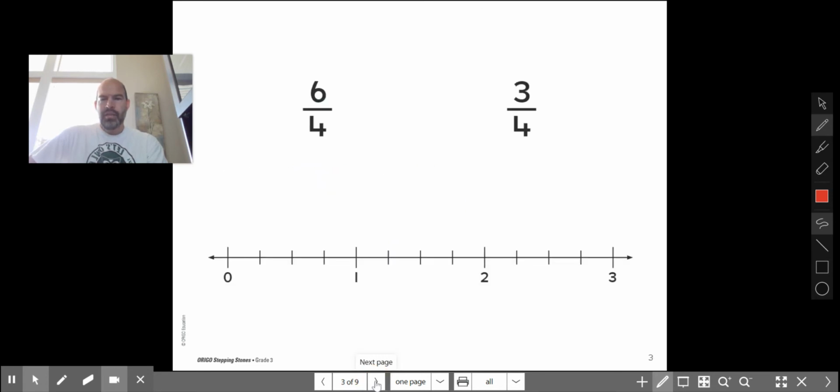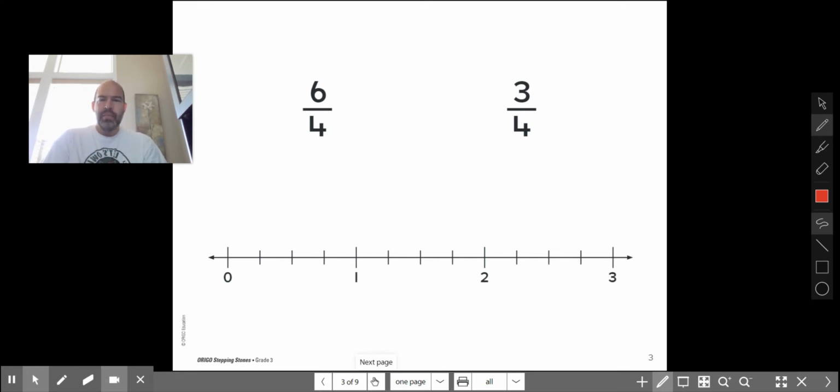Now, on this next slide, we have two numbers, okay? On this slide, you can see that we have 6/4 and 3/4. So which of these two fractions is greater? Well, this makes it really easy to tell when you're looking at the numerator.